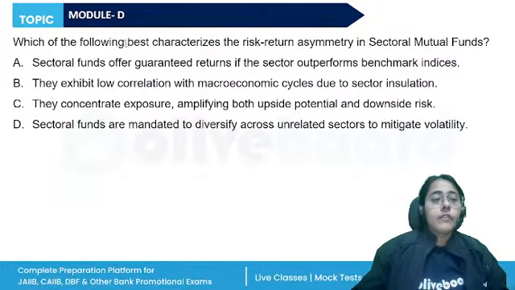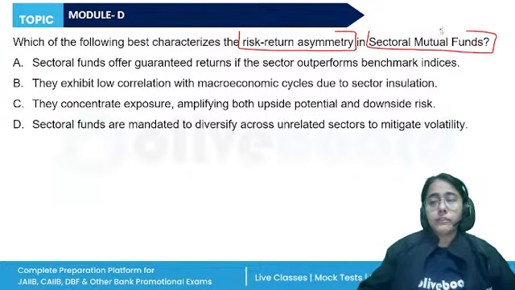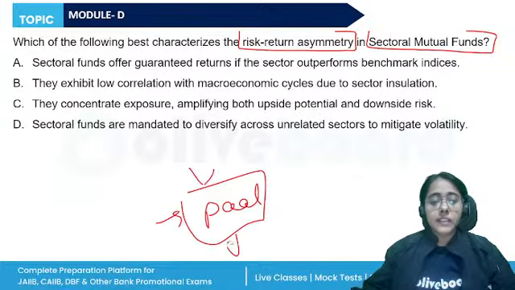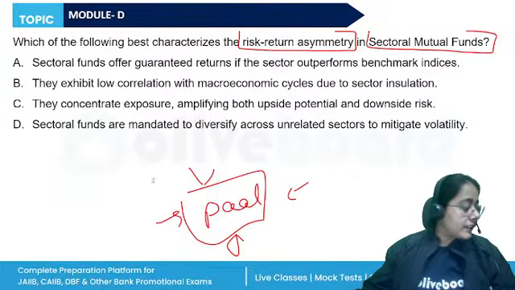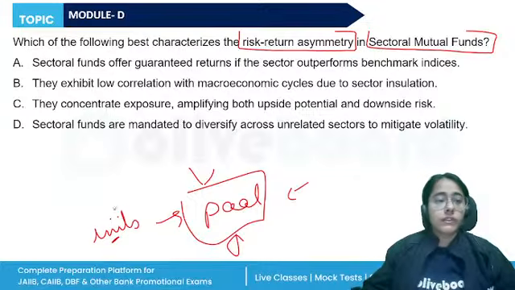Which of the following best characterizes the risk return asymmetry in the sectoral mutual fund? So, what is a mutual fund? A pool is created by various investors. Then the asset manager invests the money into various bonds, stocks, or whatever is the scheme, and then the investors get the units. So what is the risk return asymmetry in sectoral mutual fund?